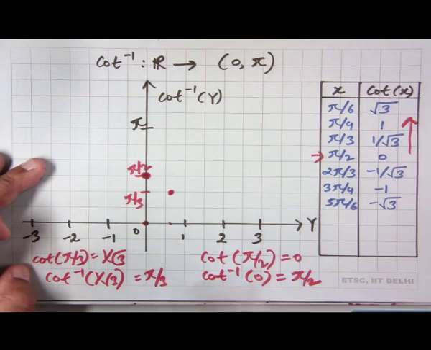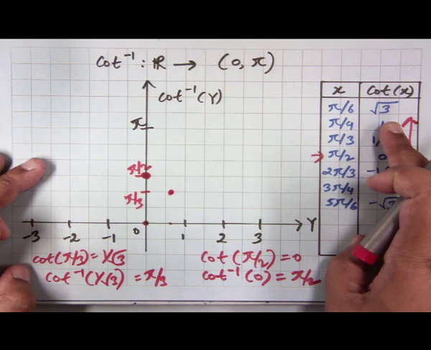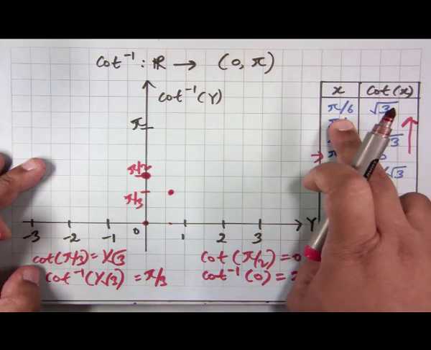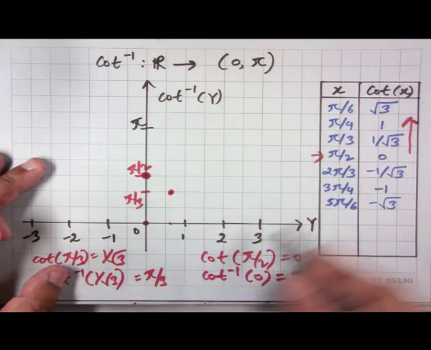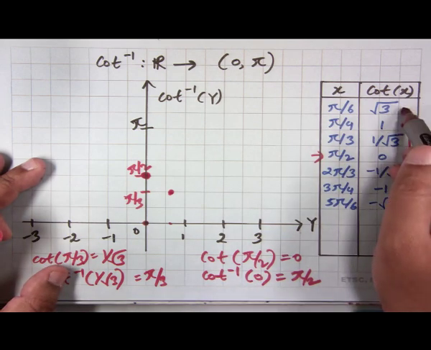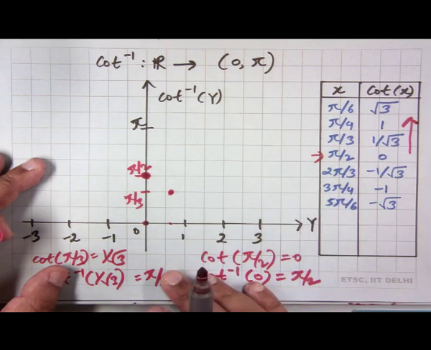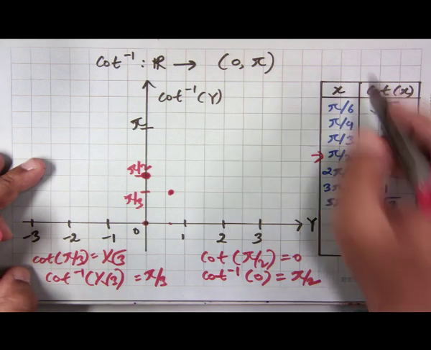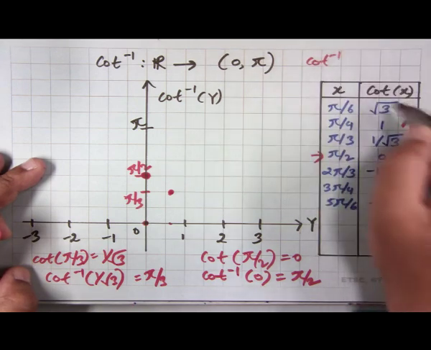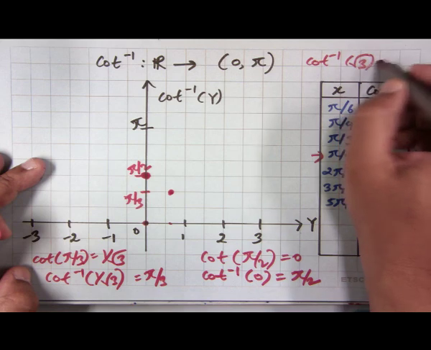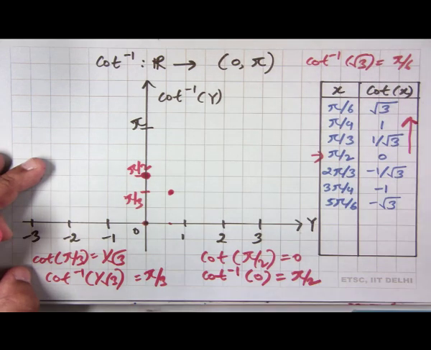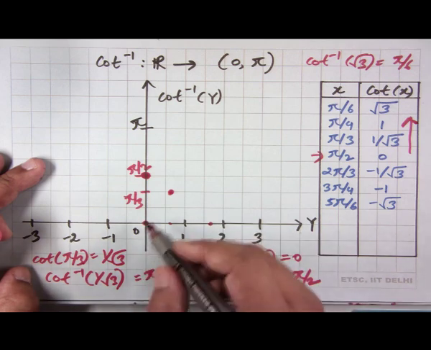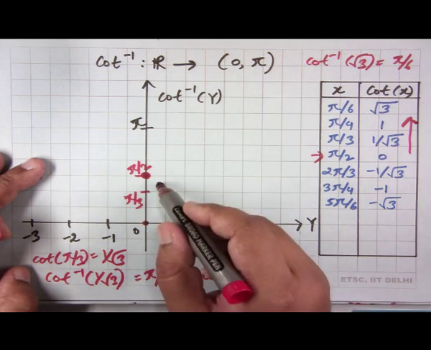So, for example, cot inverse of square root of 3 will be pi by 6. As we increase y, what we will see is that cot inverse will decrease and go towards 0. So, from the table what we see is that cot inverse of square root of 3 is equal to pi by 6. So, square root of 3 will be somewhere here, and pi by 6 is somewhere.